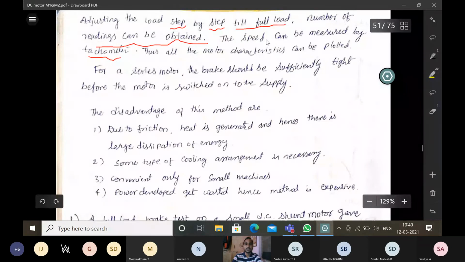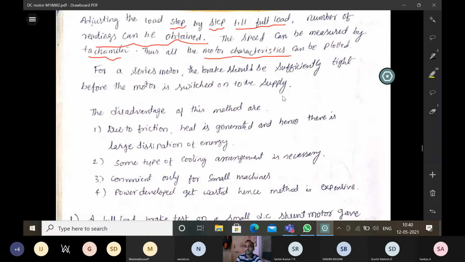Thus all the motor characteristics can be plotted. What are the motor characteristics here? Speed versus torque characteristics, BHP versus torque characteristics, and efficiency. All characteristics of the DC shunt motor have to be drawn. There are electrical characteristics and mechanical characteristics: torque versus Ia, speed versus Ia, and speed versus torque.